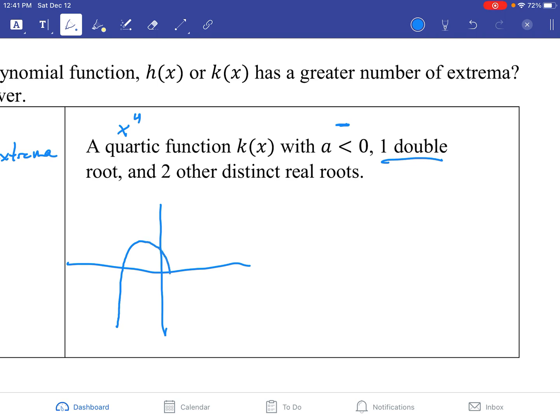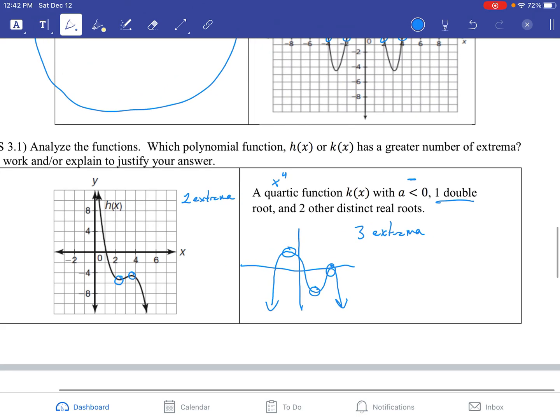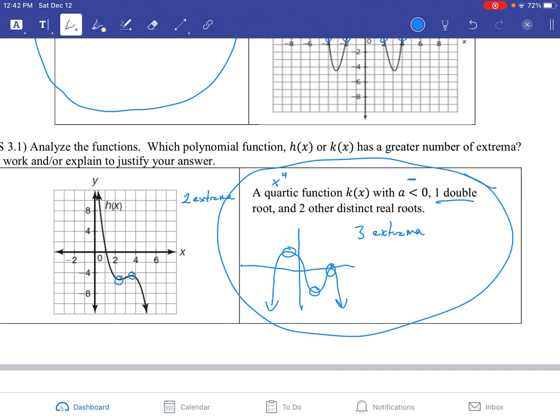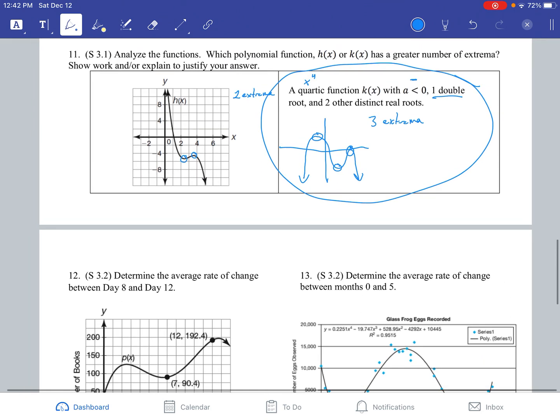That's 1, 2, and then here's the bounce. It's going to bounce off the x-axis. That's the double root. All right, so let's count the extrema. There's 1, 2, 3 extrema. Well, 3 is bigger than 2, so this is the side that has more.